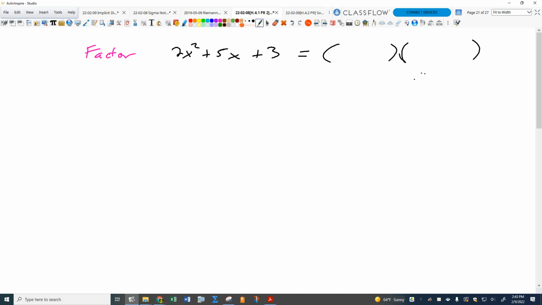Well, this time I know I'm going to get an x term there and an x term there, but I don't know what the coefficients are going to be yet, right? Anybody get that? And over here I'm going to get some number, and over there I'm going to get some number that multiply to 3, okay? But I don't know what that combination is yet either. But I know my template's going to look something like that, agreed?